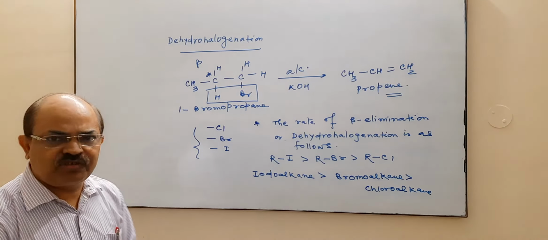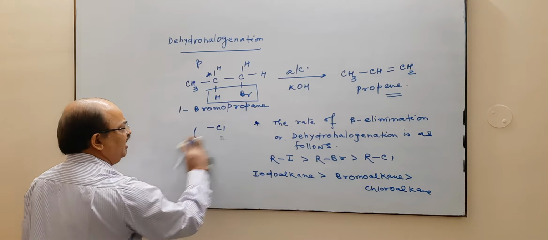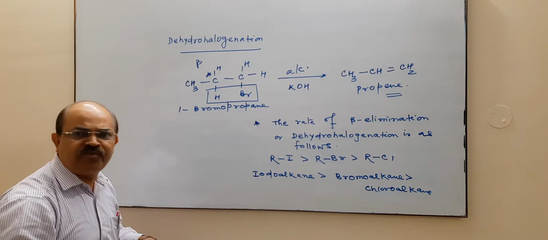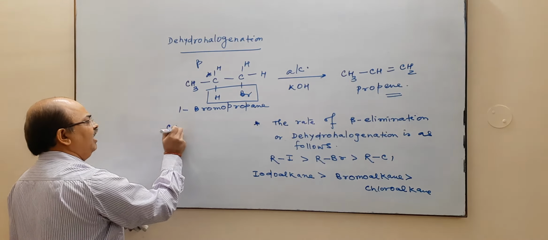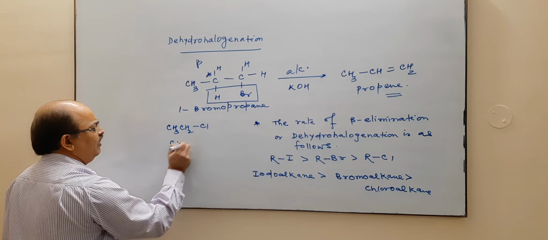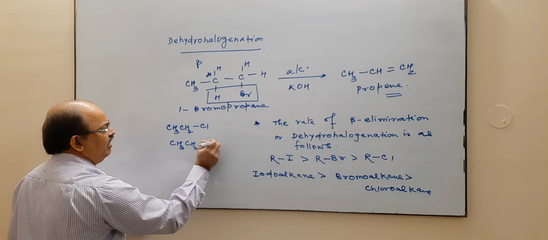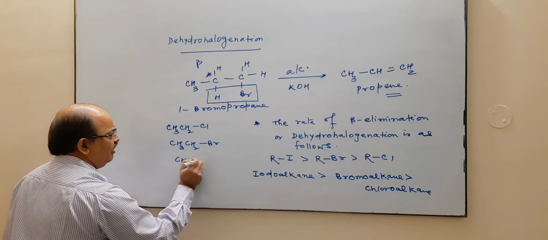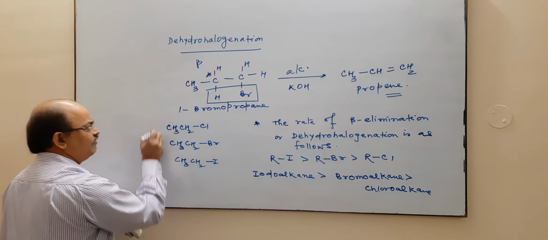Suppose somebody asks you that we have three different compounds like ethyl chloride, ethyl bromide and ethyl iodide.